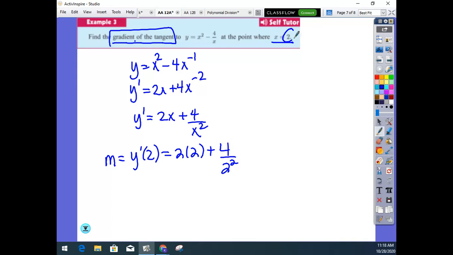So I'm just plugging this number in for each x. 2 times 2, 2 squared. This is just 4 plus 1. This tells me my gradient is 5.